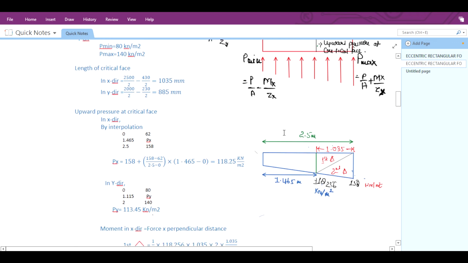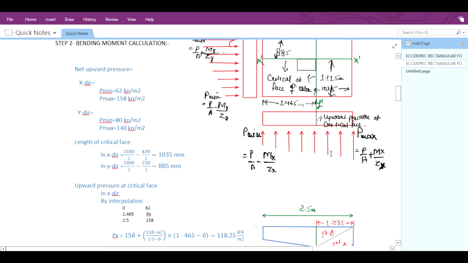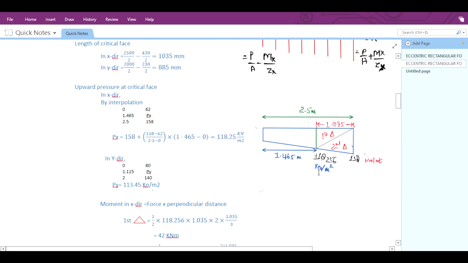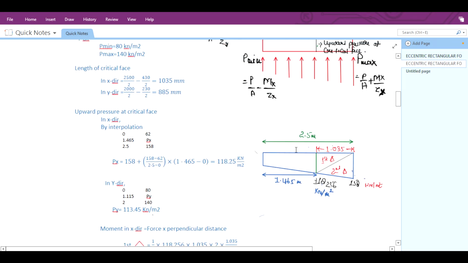Now the net upward pressure at the critical phase, that is at the face of the column, will be calculated like this, and by interpolation you have to calculate the value for net upward pressure at the critical phase. So at the starting we will consider it at 0.